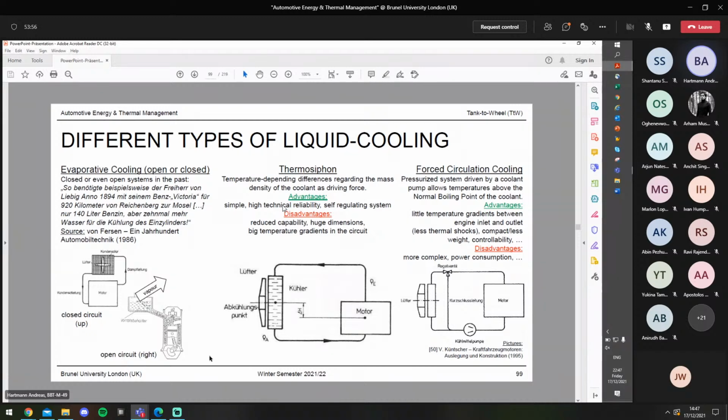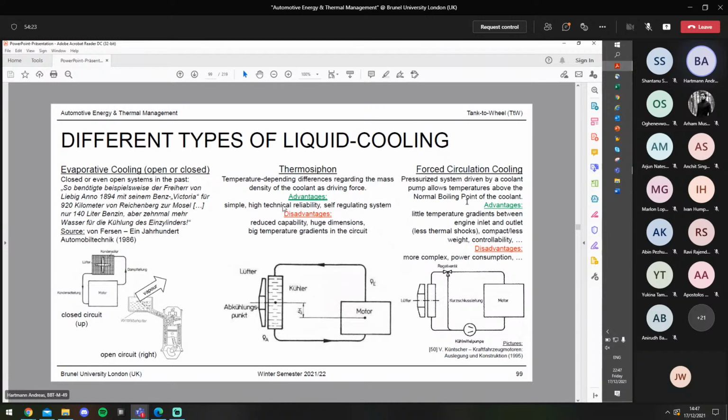But the bad thing is you always need to refill the coolant tank, because the vapor just flows out, and then you may even need more coolant than petrol to cover a certain distance. So this is definitely not what the customer is asking for, and therefore nowadays for sure we have a closed coolant circuit.